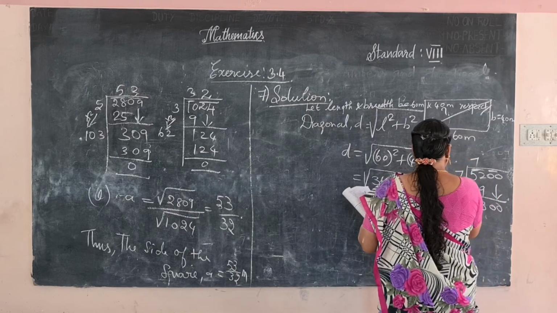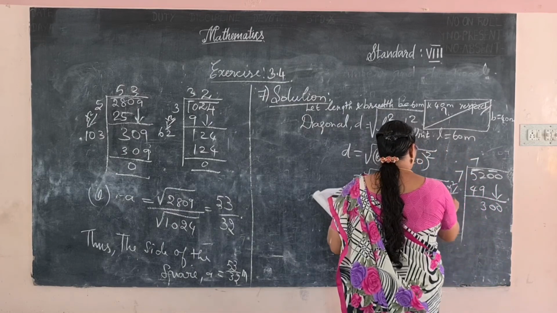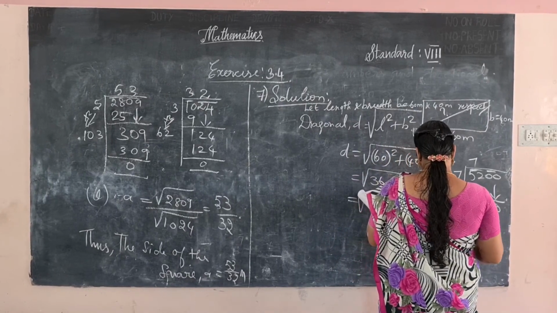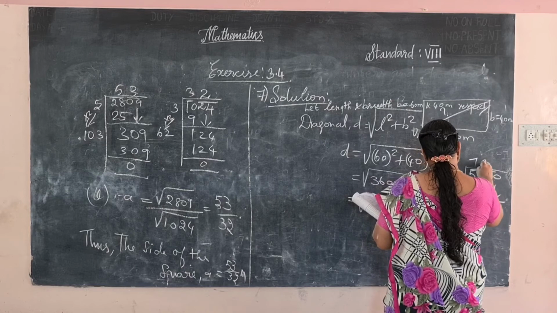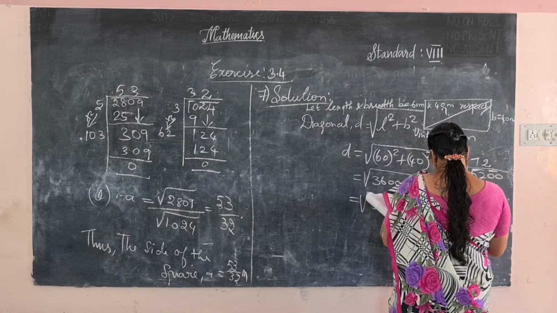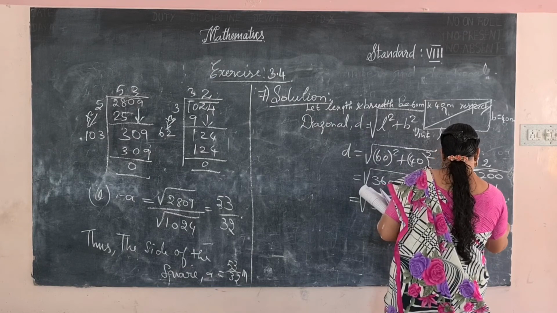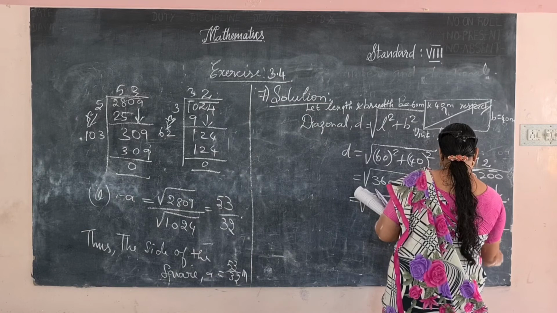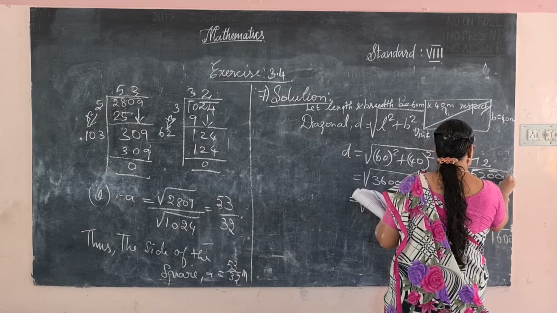Now multiply the divisor by 2, 14. So how many times is possible? 2 times. Multiply 142 by 2, we get 284. Subtract, we get 61. Add 2 more zeros.